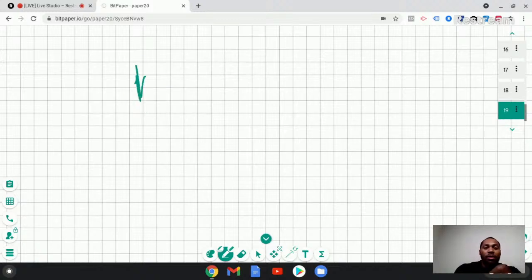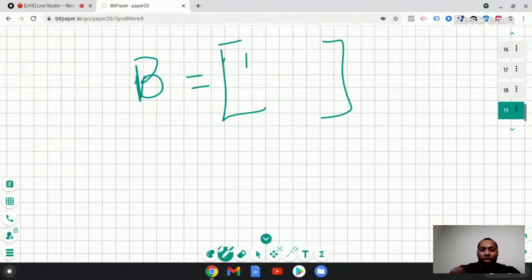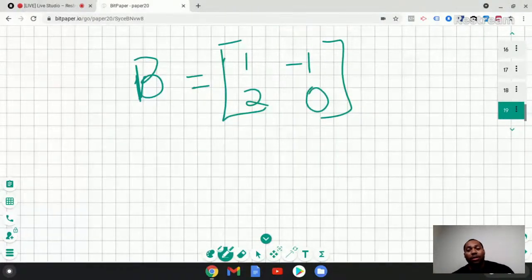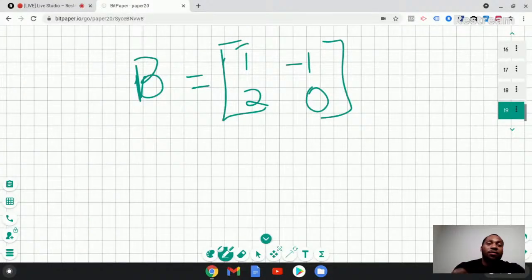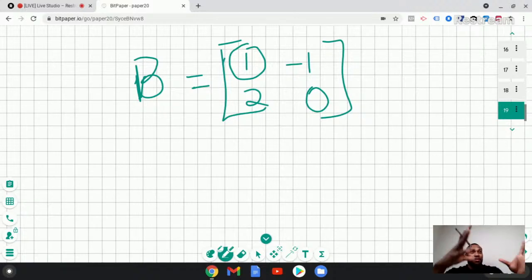So let's say this is 1, -1, 2, 0. You see how this is first row, first column. Because it's 1, first row, first column is going to remain first row, first column.